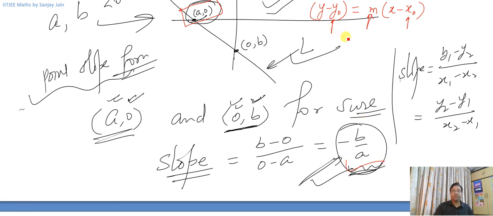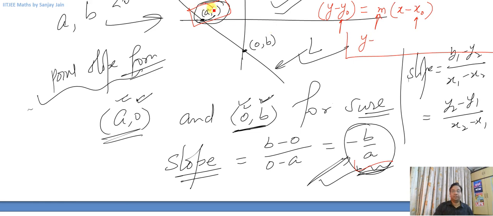So let me write the equation here. y minus the y coordinate of this point, that is 0, equals m, that is minus b by a, into x minus x naught, that is x minus the x coordinate of this point, a, right? So y minus 0 is equal to minus b by a into x minus a. Let me simplify it here.